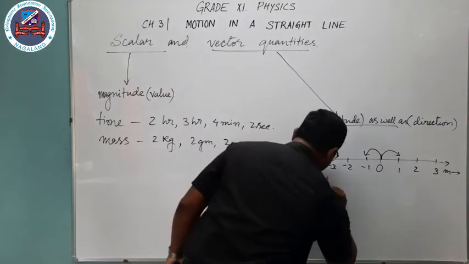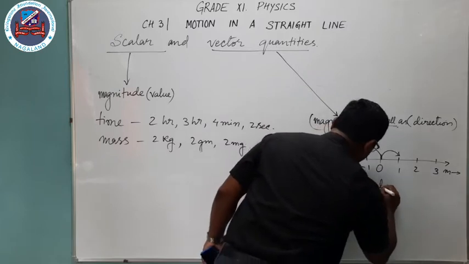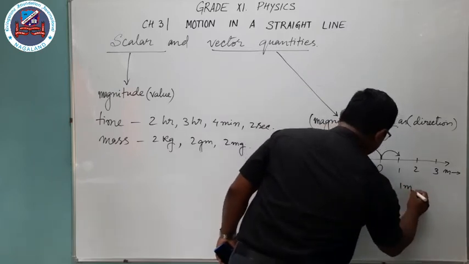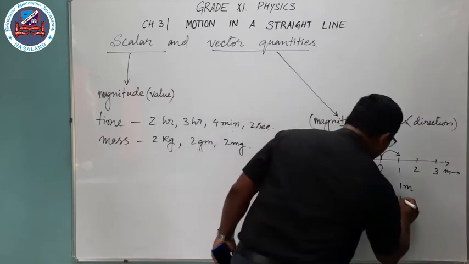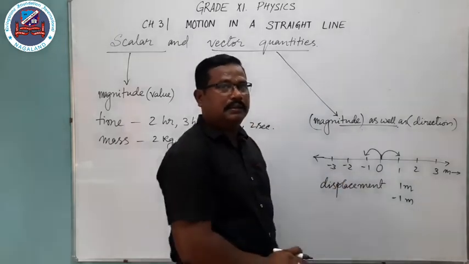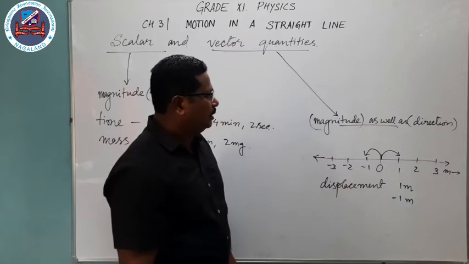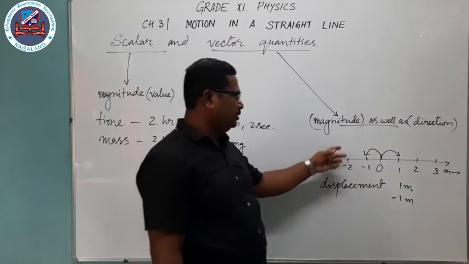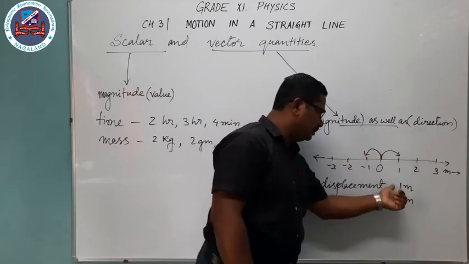So when I write displacement, suppose 1 meter, then you will understand that, oh, I have moved this side, right side. If I write -1 meter, then you will understand that, oh, I have been displaced on the other side. So like that, it will have both positive as well as negative value. That will show you the direction: magnitude, the value itself, and the direction, the sign will show you.